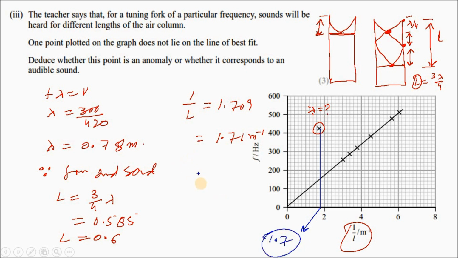So 1 upon L corresponds to the value on the graph at frequency 420. So you need to write this statement. So at f equal to 420, 1 upon L corresponds to 1 upon L. That means it is audible sound.